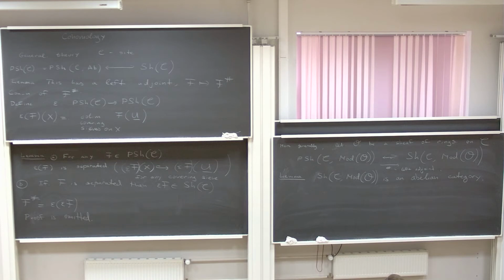And also you have to check the existence of kernels and co-kernels, and show one last axiom that the two ways to define the image of a morphism, the image and the co-image, the map from co-image to image is an isomorphism.